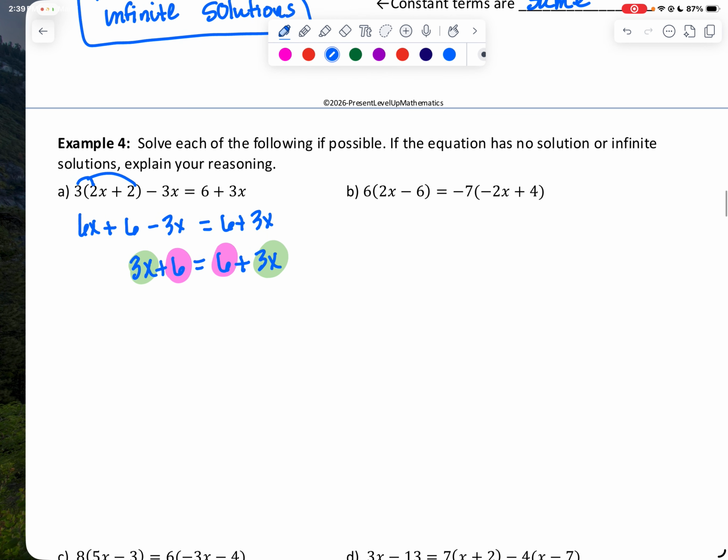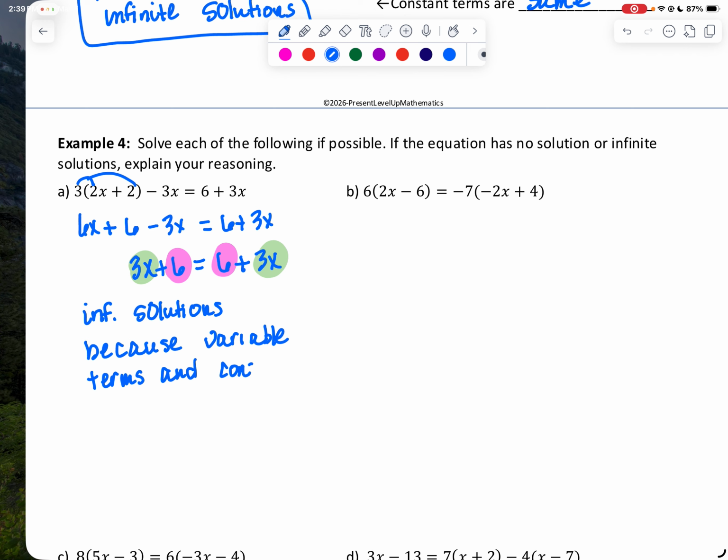So in that case, this is infinite solutions, because variable terms and constant terms are the same. All right. Pause the video and try problem B on your own.